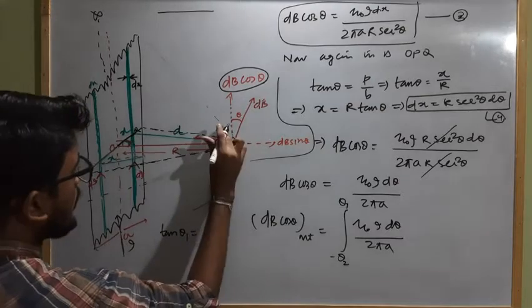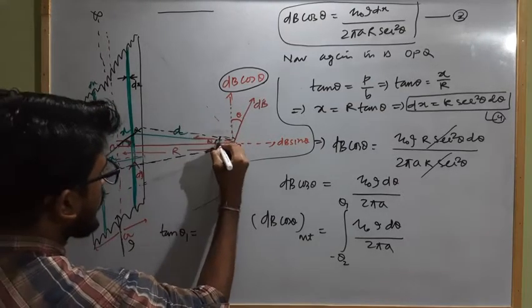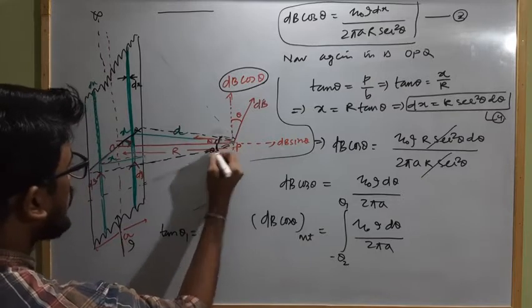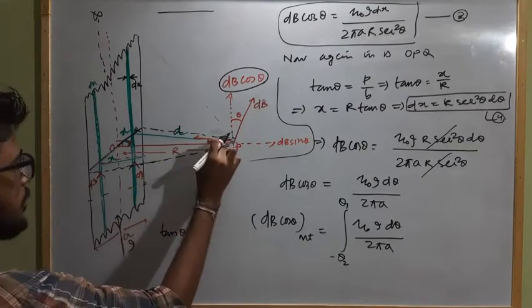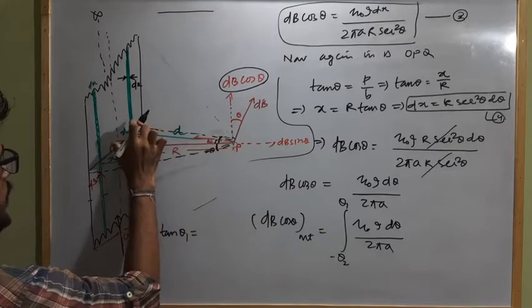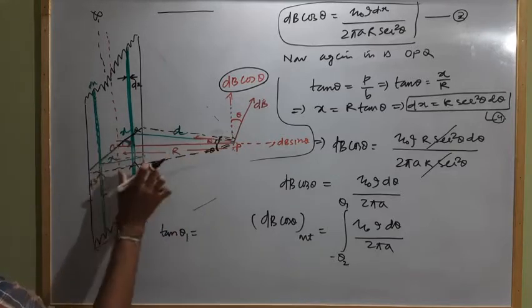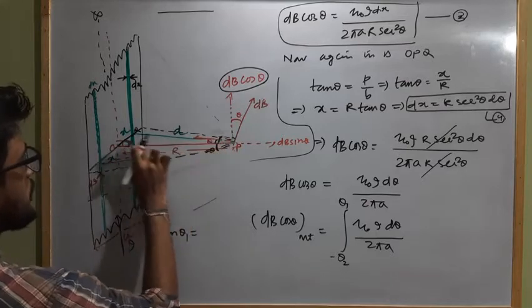So this angle will be theta 1 from here to here, and this angle will be theta 2 from here to here. As this is theta 1, this length will be a by 2, as this is theta 2, this length will be a by 2, and this remains the same as b, which is r.